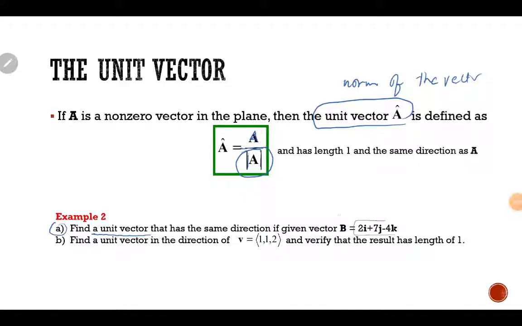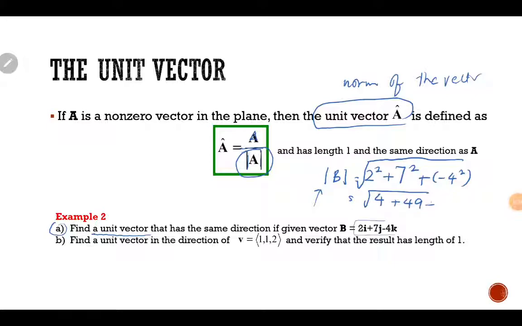So what you have to do is the same as before. We find the magnitude of B, which is 2 squared plus 7 squared plus negative 4 squared, everything square root. So we have square root of 4 plus 49 plus 16, which is 20 plus 49, and we're going to have square root of 69.